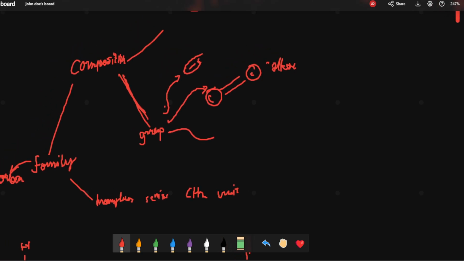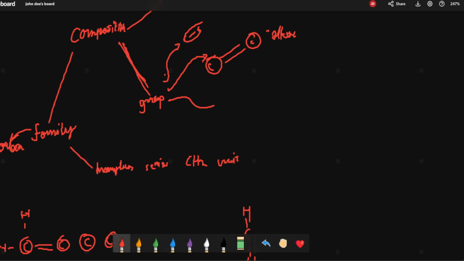The homologous series can be thought of as the main backbone of different primates, like a monkey, a human, and a gorilla.